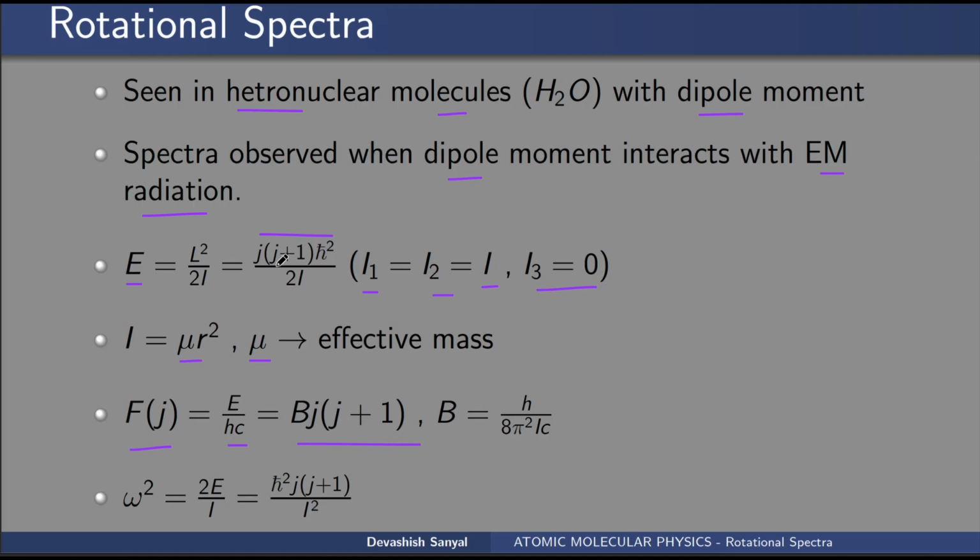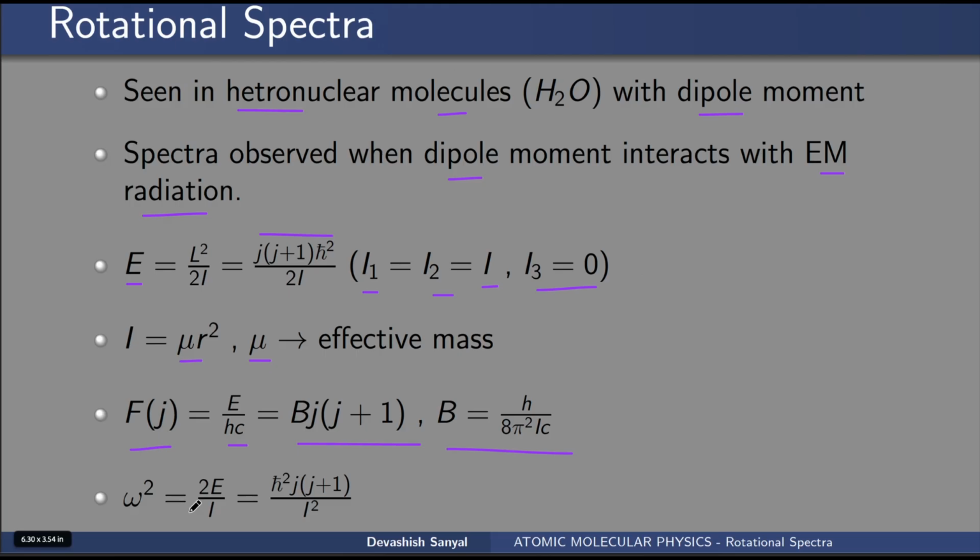J is the quantum number, which can take the values 0, 1, 2 and so on. And B here has the value h divided by 8 pi square I c, where c is the velocity of light and I is the moment of inertia. We can also define the angular frequency of rotation.